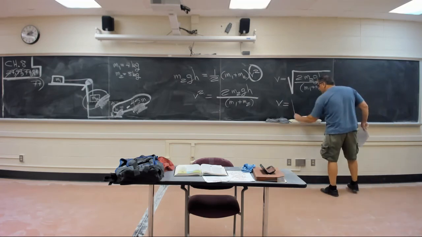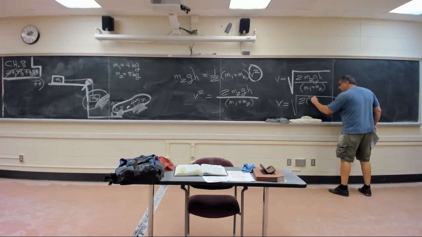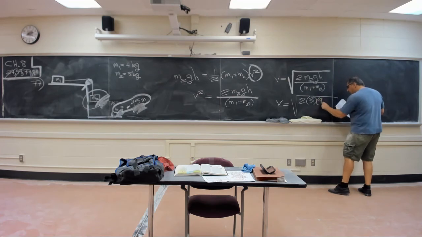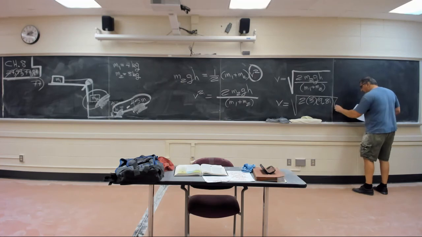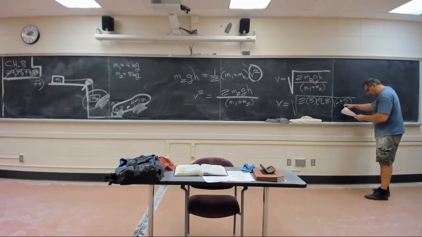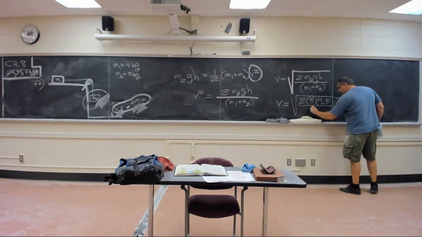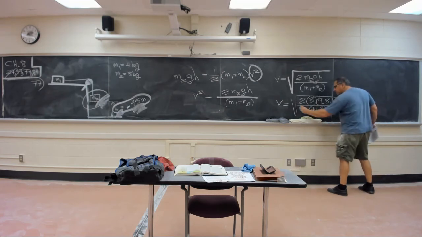What does that mean? It means 2. It means 3. That's 2. That's 3. This is 9.81. This is 0.45. 0.45 is the fall down length. M1 is 4. M2 is 3.